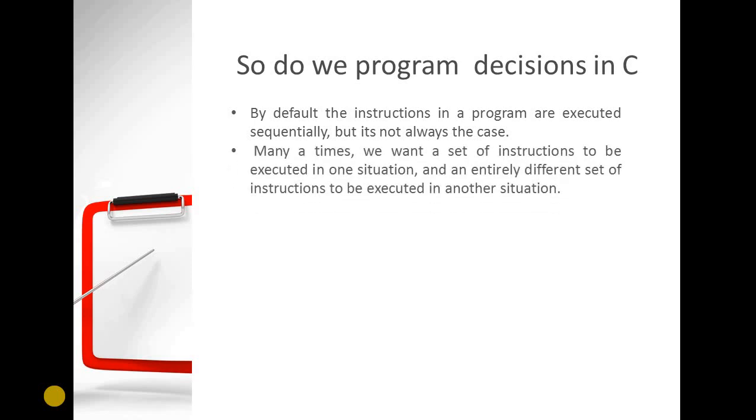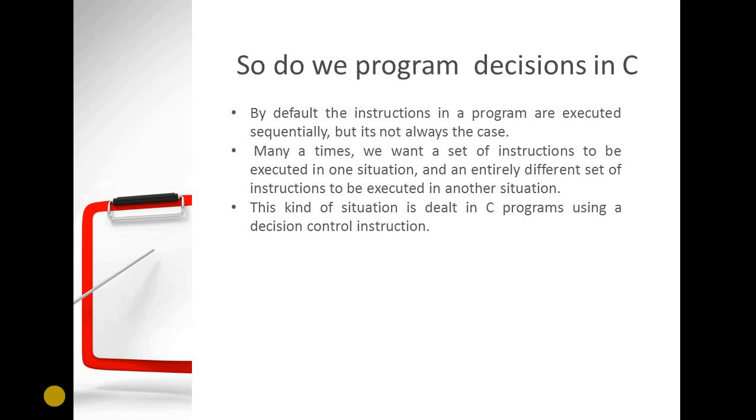Many times we want a set of instructions to be executed in one situation and an entirely different set of instructions to be executed in another situation. What does it mean? If a certain situation happens, certain conditions are satisfied, then some set of instructions is executed, otherwise another set of instructions is executed.